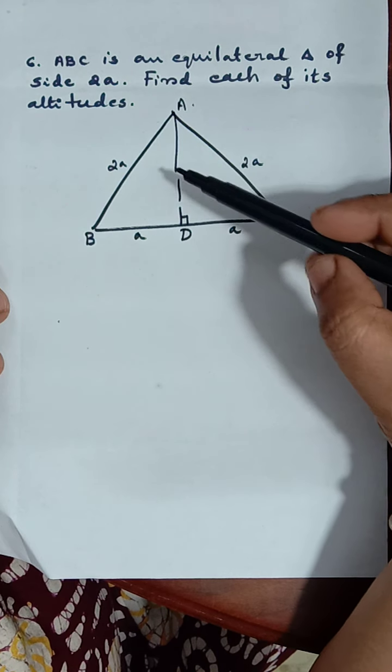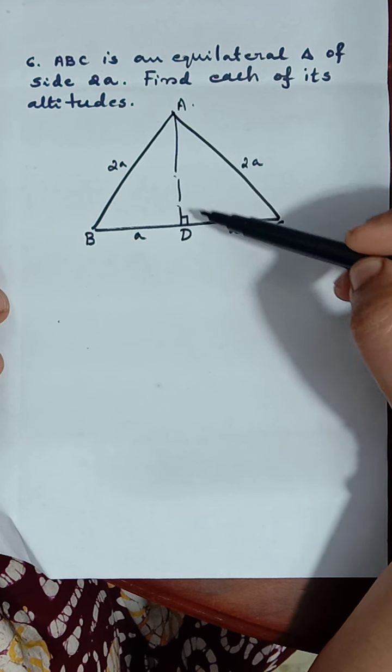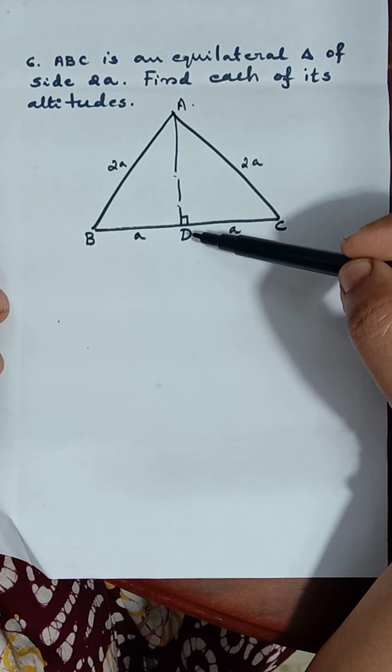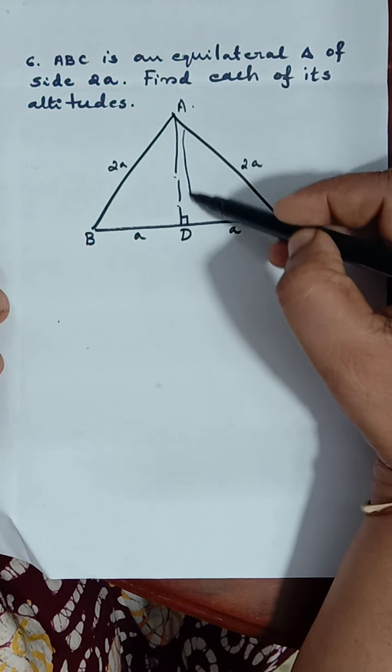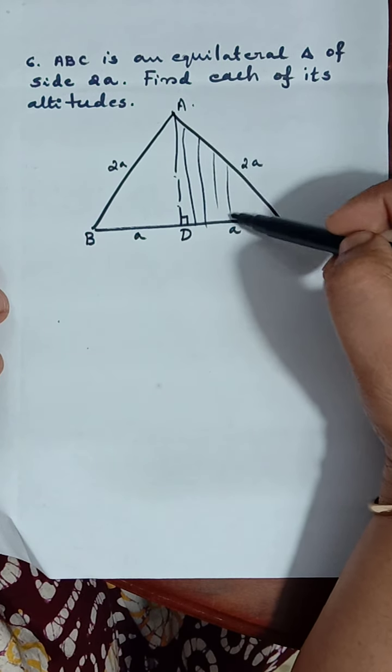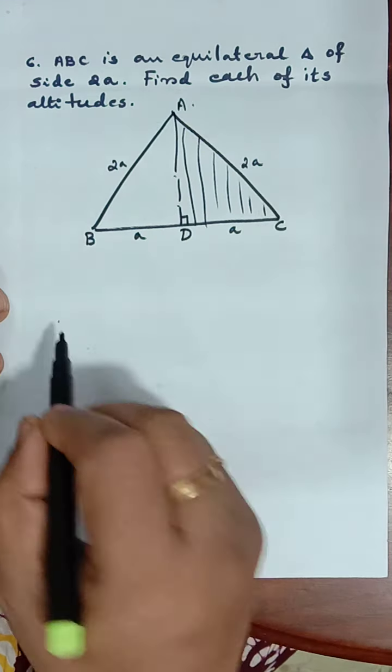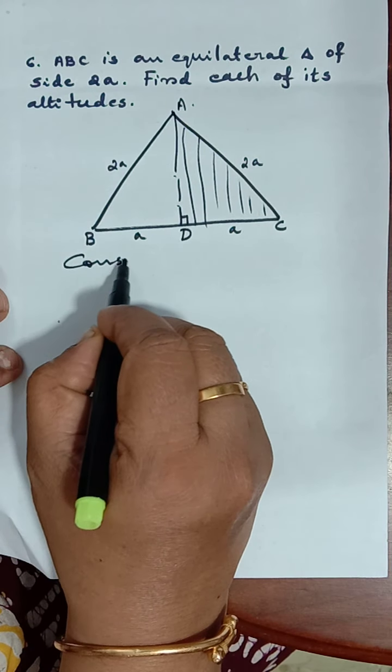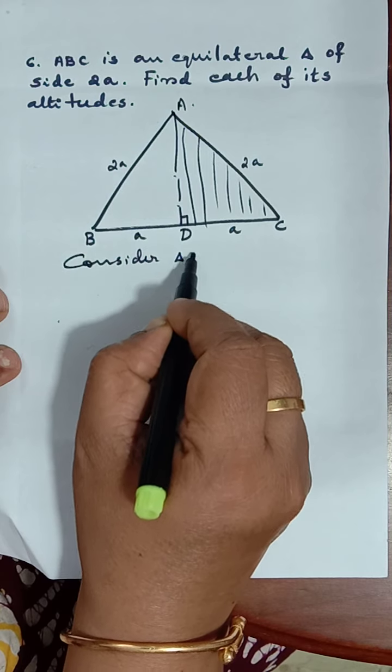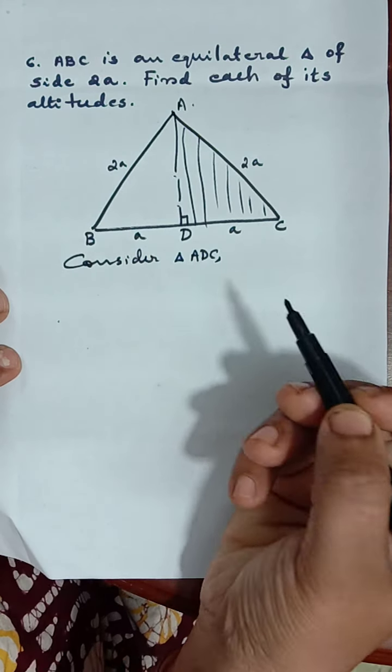So if there is a 90 degree, there is chance of using Pythagoras theorem in order to find out a side. Let us consider triangle ADC. It is very simple, children.